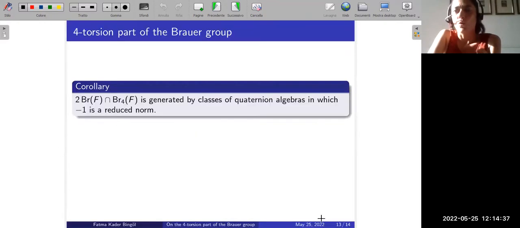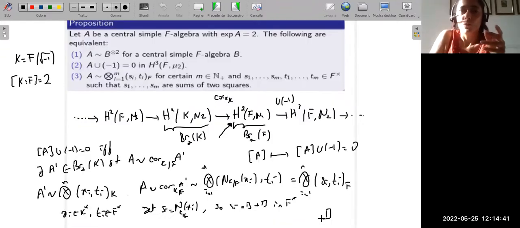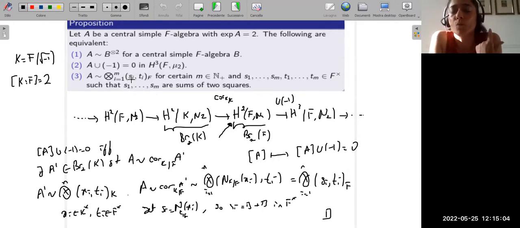So this intersection here means that you have classes A satisfying this item 1, right? And the proposition tells you that this class of A's can be given as a tensor product of quaternion algebras, where the quaternion algebras are given like SiTi, where the Si are sums of 2 squares.